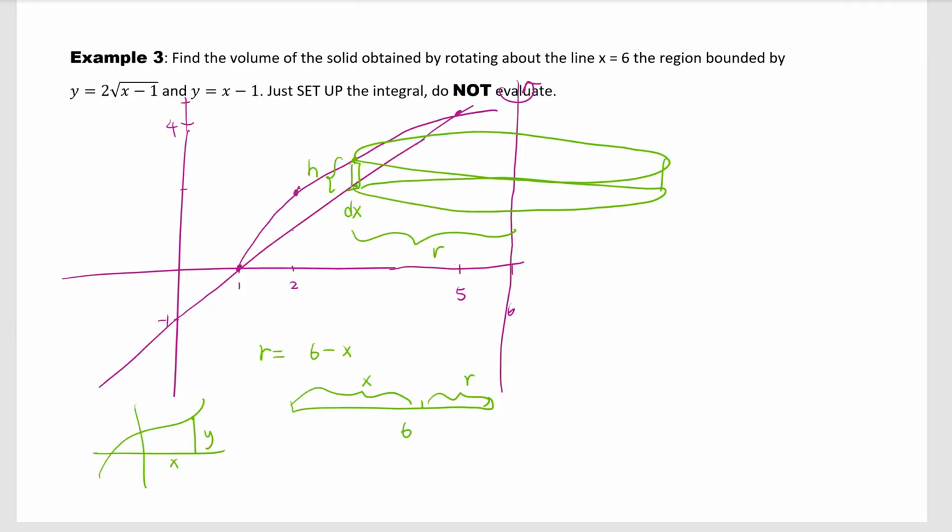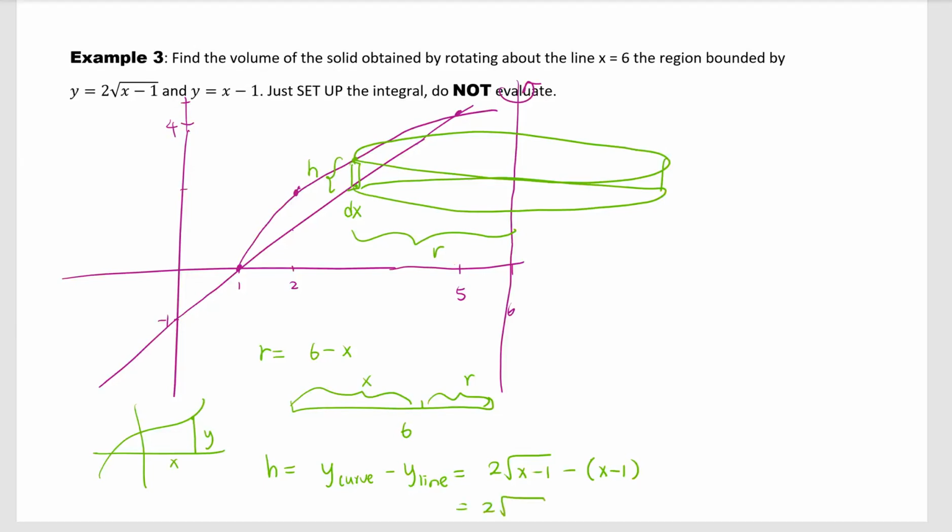And what is the h now? Well, h is the difference between two curves, so that's the vertical distance. It's the y of the curve minus the y of the line. The y of the curve is 2 square root of x minus 1, and the line is x minus 1. But don't forget the parentheses, okay?